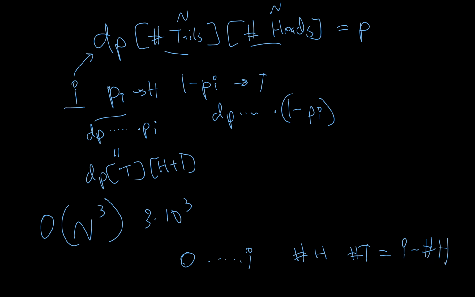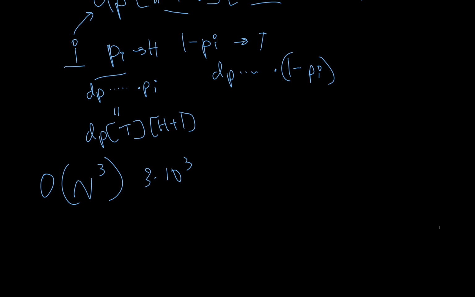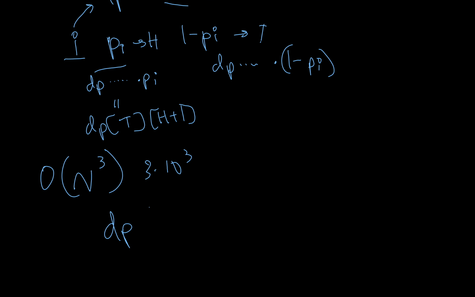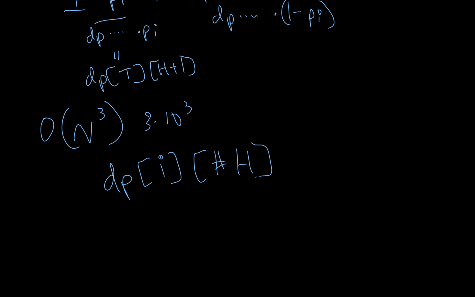So there's really no point having both. Since we're doing this sequentially anyway, all we have to store is, up to the ith coin, the number of heads. And then we essentially do the same thing.